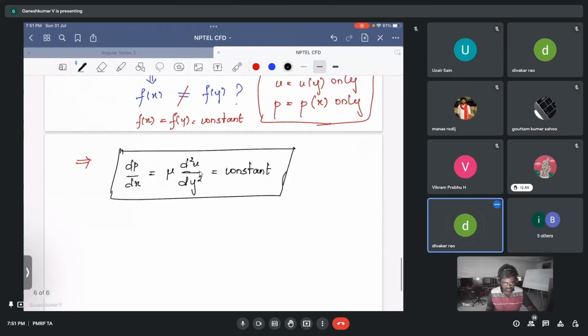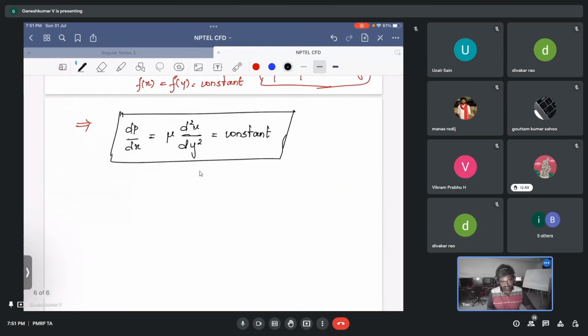Yes, sir. Okay, so if this is clear, what this essentially tells is that the pressure gradient we apply is no more a function of x, it is a constant.